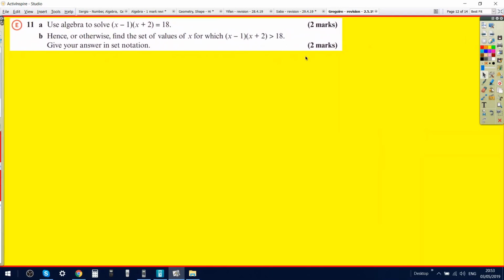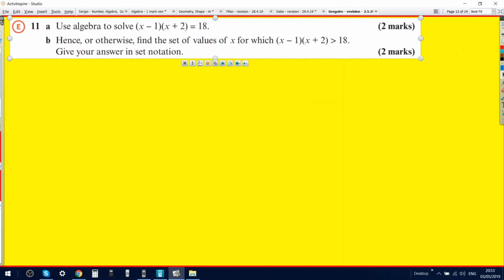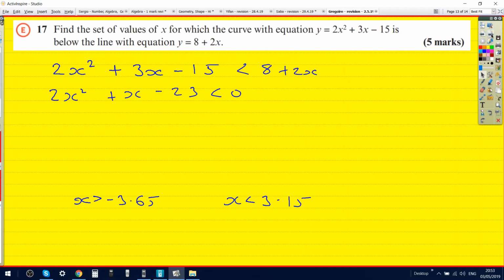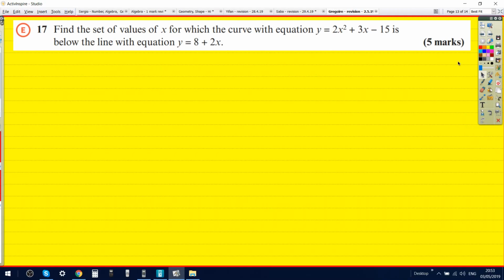Let's just see this one. I think you're okay there. Same thing. And then, okay, how about this one? Find the set of values of x.